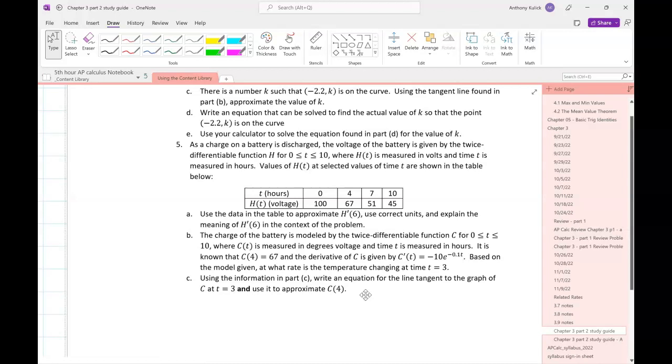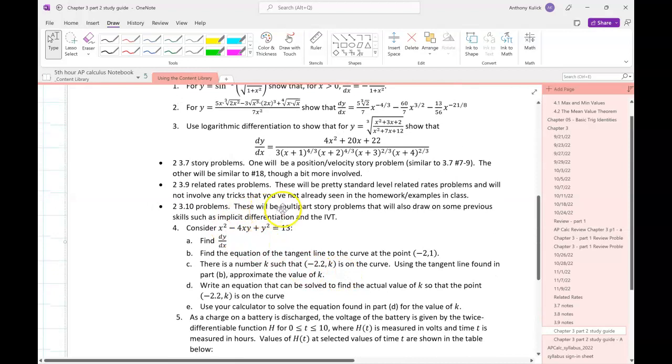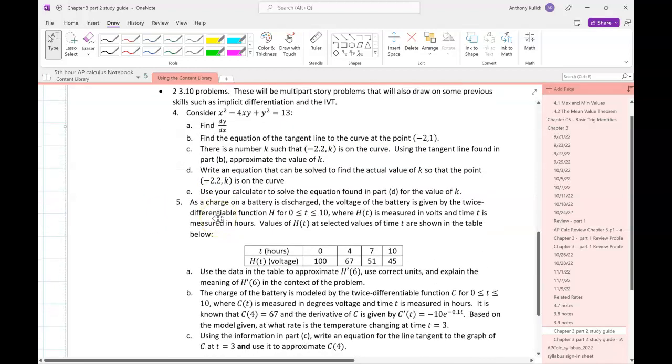Again, the fact that it was under the 310 stuff, all we're doing is building a tangent line to make an approximation, right? I mean, you could do this same stuff doing differentials. I just think the tangent line is, why build a different thing to do something we already know how to do?